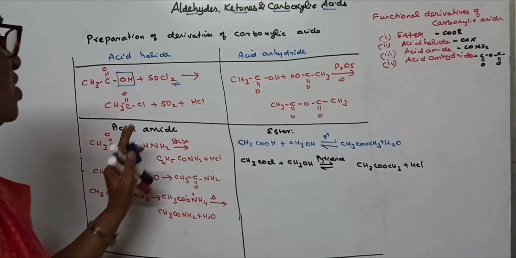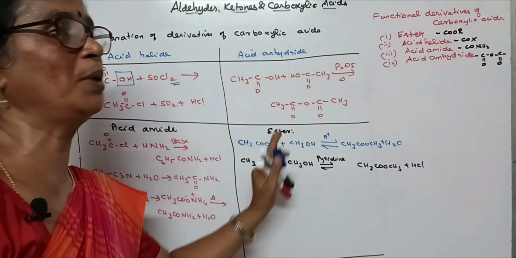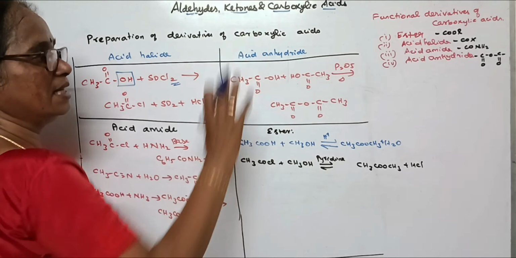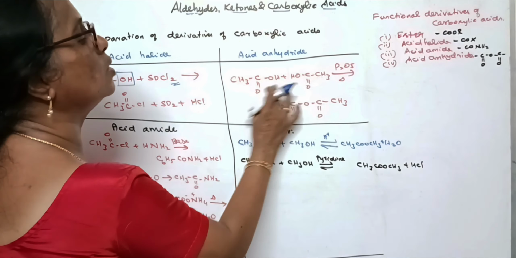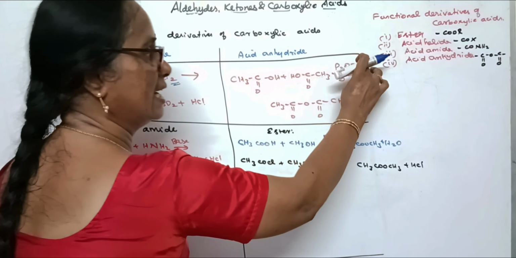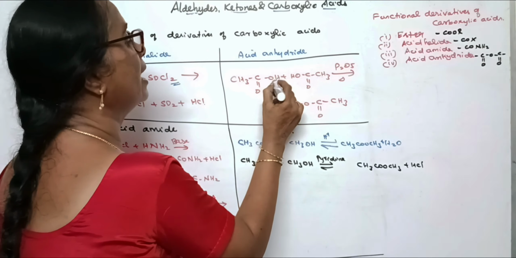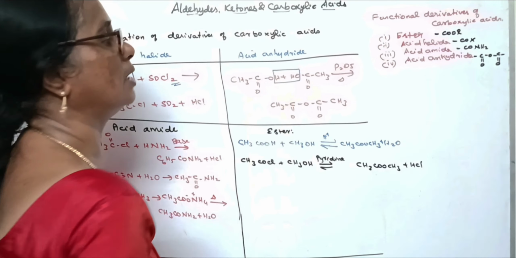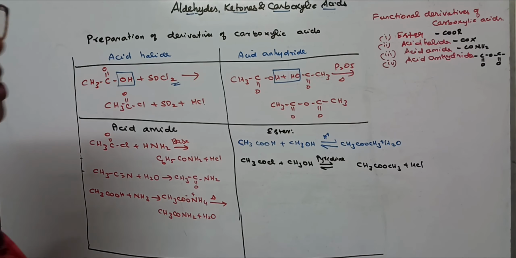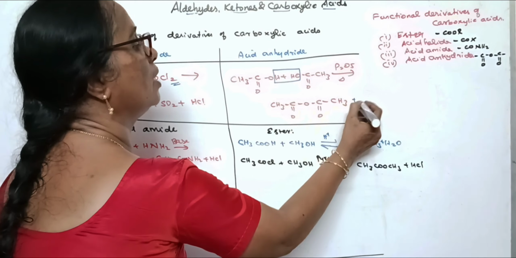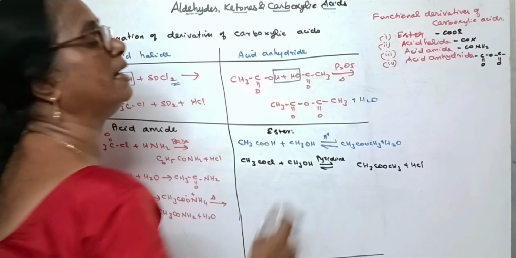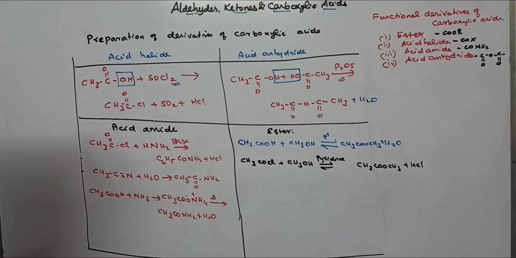Once again, we are just finding the respective preparations. Acid anhydride: when two molecules of acid are heated in the presence of phosphorus pentoxide, we will get anhydride. There is a loss of a water molecule between the carboxyl groups. This water molecule is removed by the dehydrating agent phosphorus pentoxide.